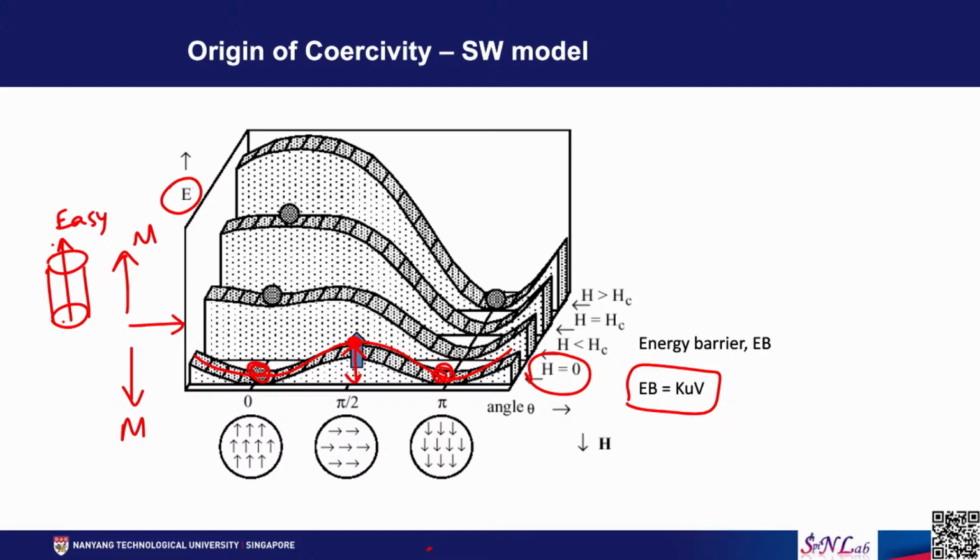So, all single domain particles according to Stoner-Wohlforth model have an energy barrier E b given by this expression. So, it depends on the volume of the grain and the anisotropy constant K u of the material.